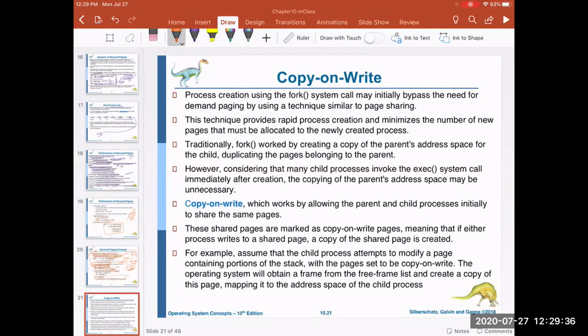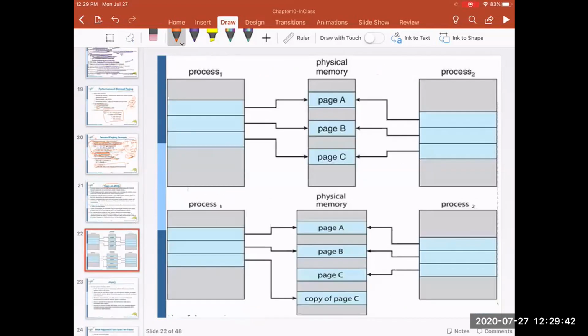Now the copy on write, as we are discussing here. We discussed fork. So what is fork? Fork creates a child; a parent process creates a child process. And whenever we say fork, they share the address space. This we have already discussed in the previous lectures.